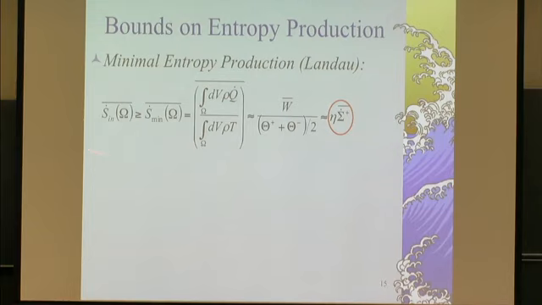So if you use this and do some modest simplification, you get that this minimum entropy production is given by this efficiency times these entropy fluctuations that you get due to heating or cooling, which is a small number.